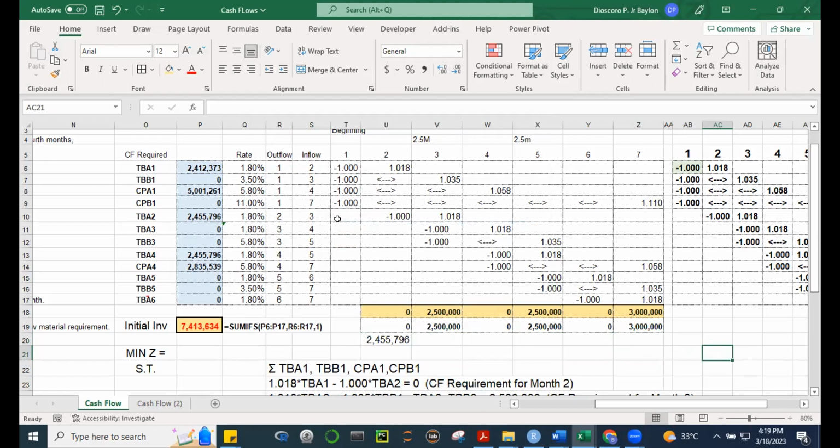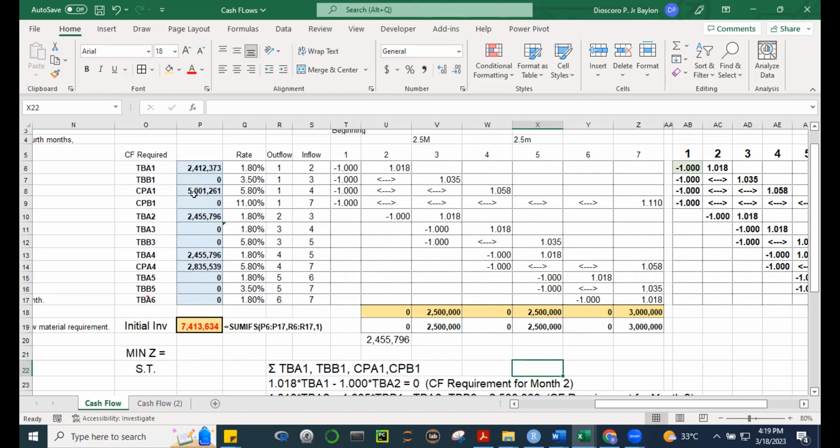So on month 2, our initial investment of 2,412 in TBA1 will mature to become 2,445,796.